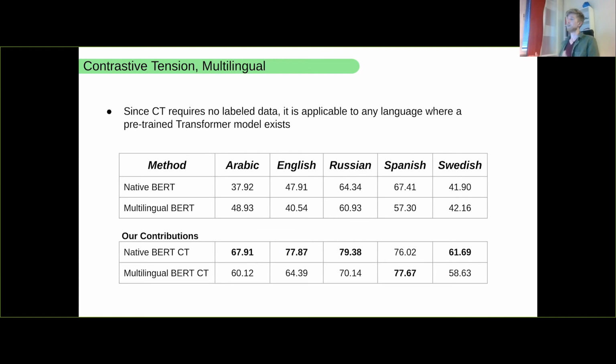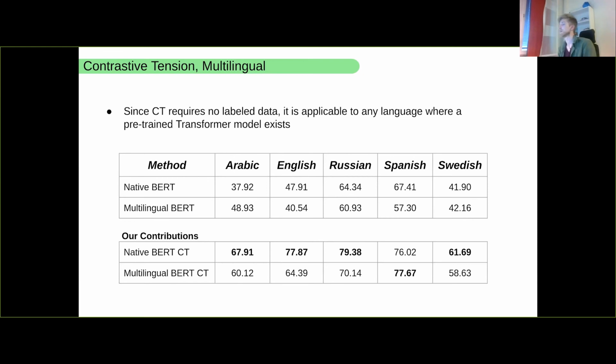One of the upsides with CT, since it requires no labeled data, is that it's easily applicable to any language, as long as we have a pre-trained language model and available text data. So we took a bunch of BERT models that have been specifically trained on different languages like Arabic, English, Russian, Spanish, and Swedish, and then we just applied CT to that.